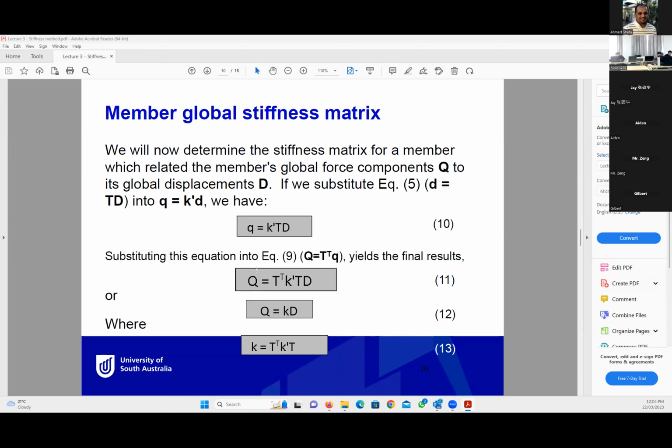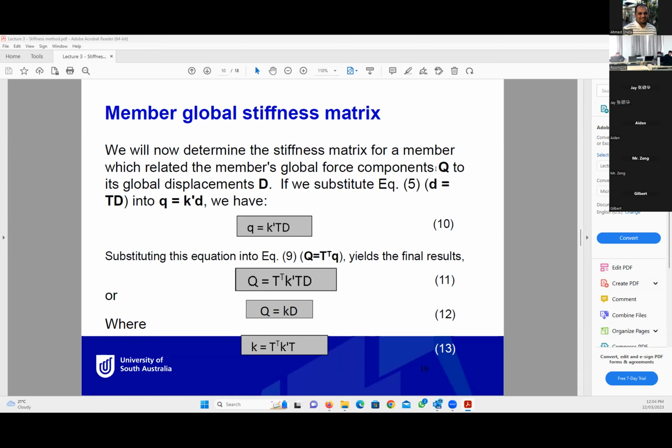In this slide, we will know how to determine the stiffness matrix for a member, which relates the member global forces component Q capital to its global displacement D capital. So this is how to connect the global forces to the global displacement.